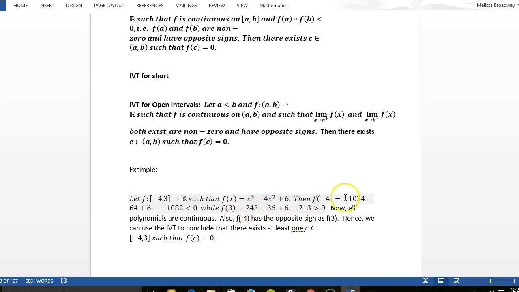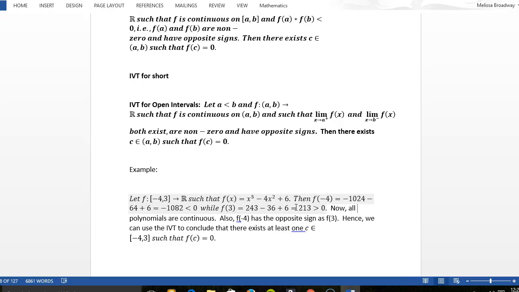Think about it this way. f of -4 is below sea level, in the sense that it's below the x-axis. f of 3 is above sea level, in that it's above the x-axis. And if you're continuous, you have to trace out a continuous path. You can't quantum teleport, so to speak. You can't do any kind of discontinuous stuff at all.